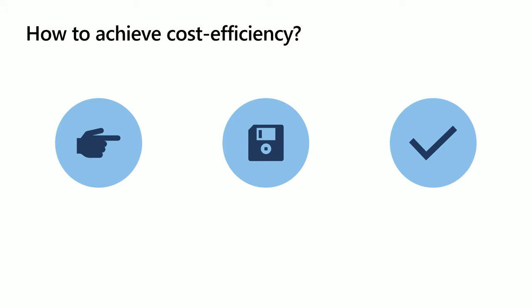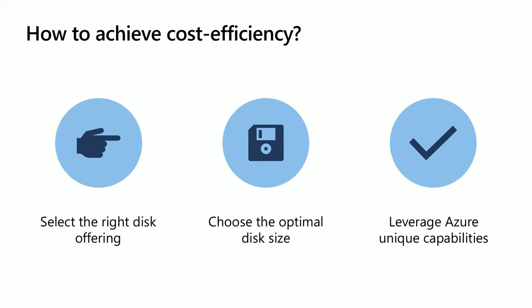So how to achieve cost efficiency? We would like to look into this from 3 steps. First, choose the right disk offerings. We have 4 disk offerings tailored for different types of workloads. It is very important that you find the disk offerings which best match your workload. Second, choose the optimal disk size.